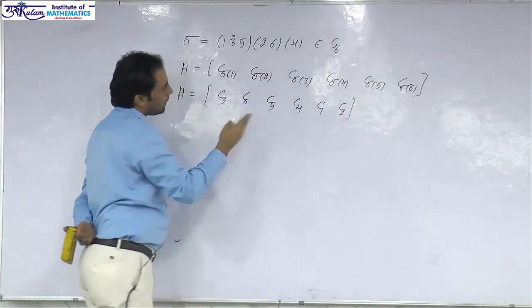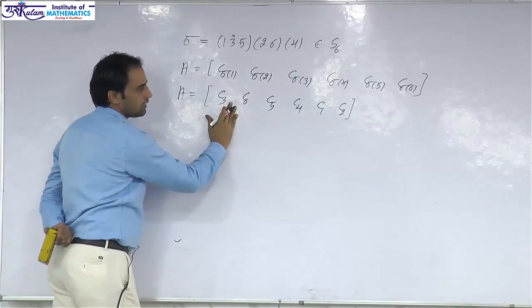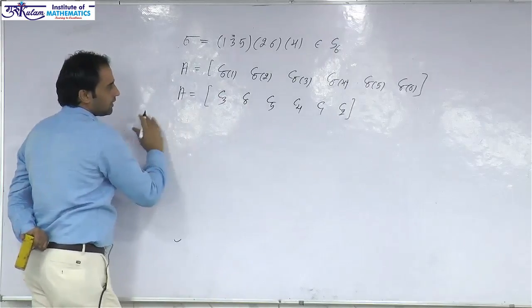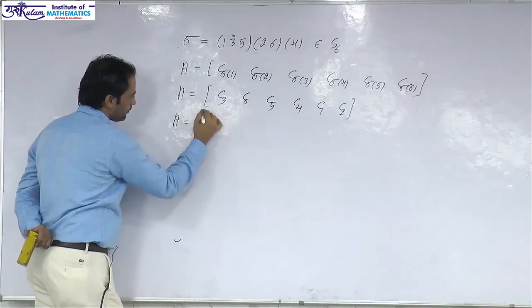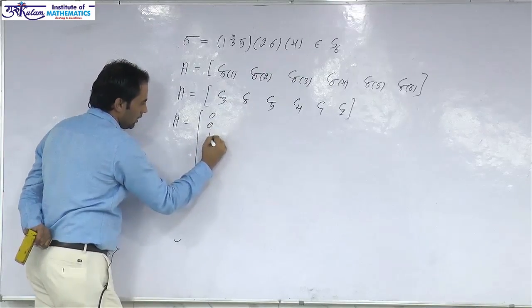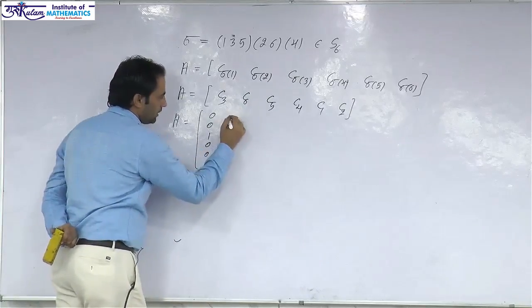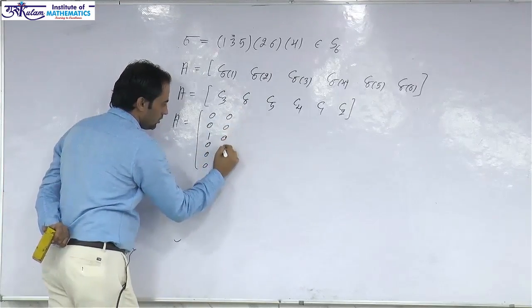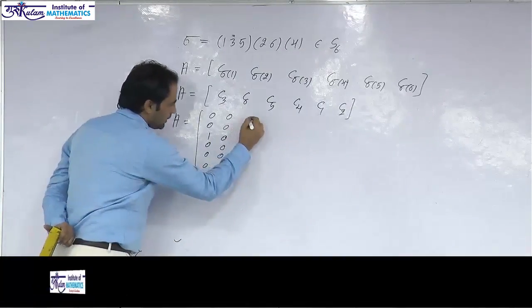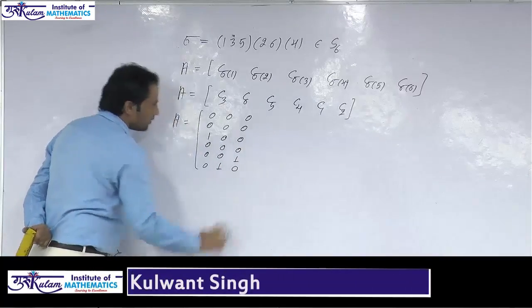So we are permuting the columns of the identity matrix. Each Ci represents a column of the 6 cross 6 identity matrix. So A has the third column of the identity matrix, which is 0 0 1 0 0 0. Then the sixth column, which is 0 0 0 0 0 1. Then the fifth column, which is 0 0 0 0 1 0.